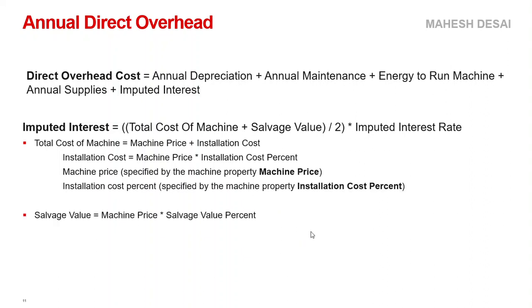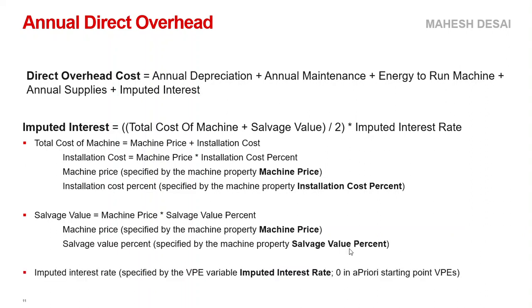Salvage value is again a percentage of the machine price itself. The imputed interest rate is specified by a VP variable, imputed interest rate, and it is 0 in the a priori starting point VPs. From the formula you can see that imputed interest is based on the average value of the cost of the machine and the salvage value, somewhere midway of the machine cost.